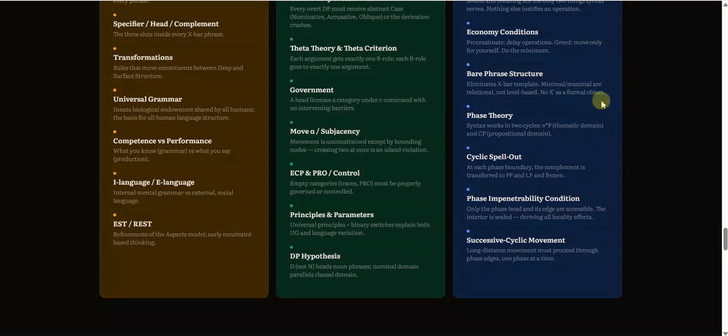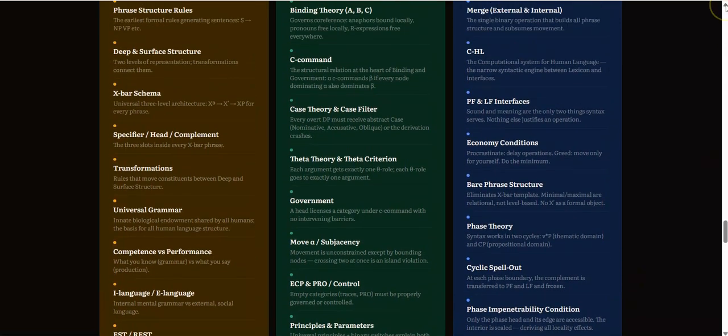Moving forward is bare phrase structure. Then phase theory, cyclic spellout. Then the Phase Impenetrability Condition: only the phase head and its edge are accessible, the interior is sealed. Then successive cyclic movement. Now these are all the concepts.